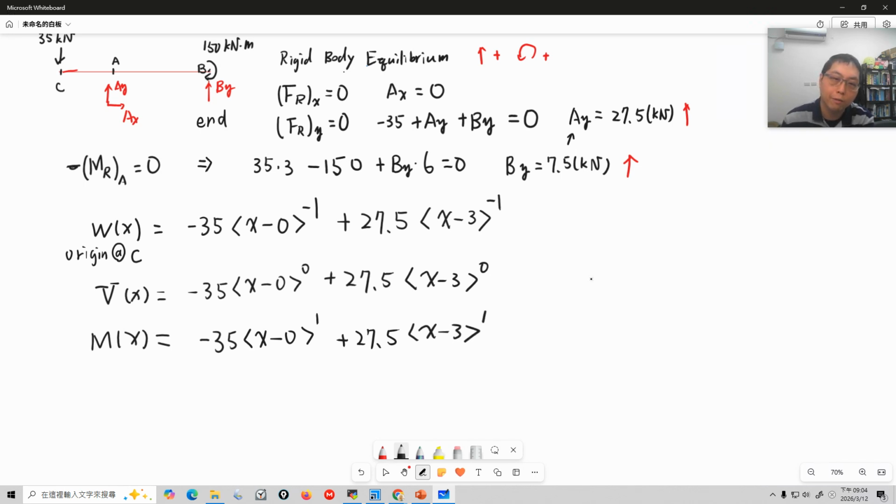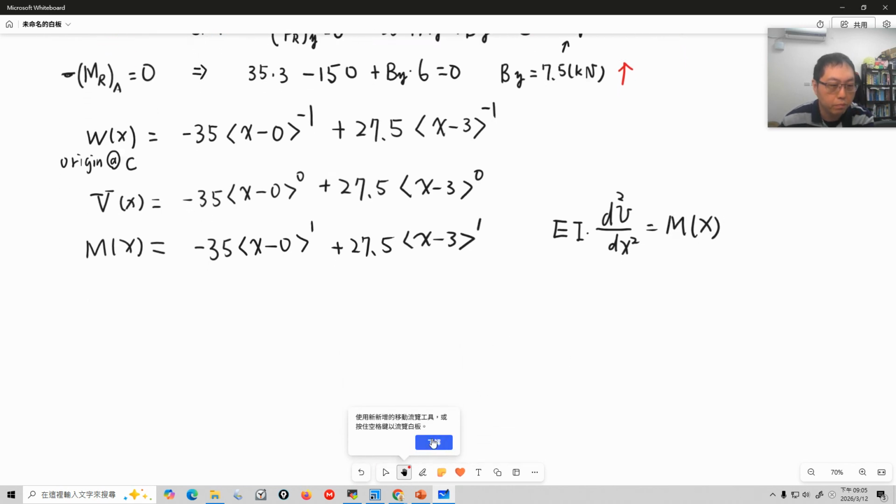And when you have a moment function, we can use it to solve the elastic curve by a differential equation. Do you still remember the differential equation? EI times the second derivative of the elastic curve equals M(x), right?